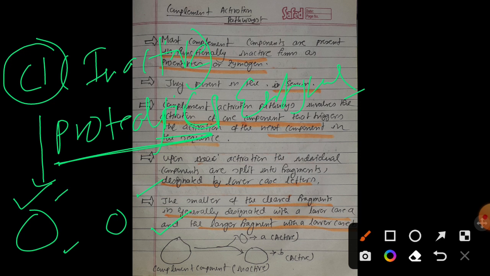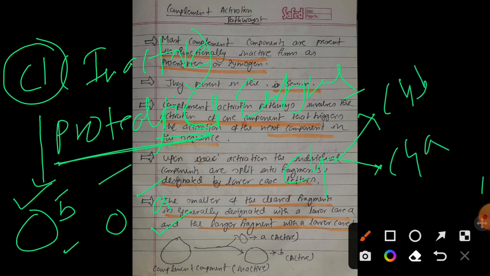Those two fragments are usually referred to by lowercase letters. Usually we refer to the larger fragment with small b and the smaller fragment with small a. That means any complement component, let's say C4, which is cleaved by a proteolytic enzyme, will have C4b as a larger fragment and C4a as a smaller fragment.